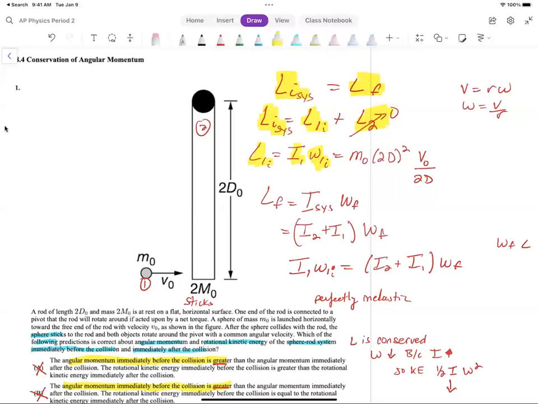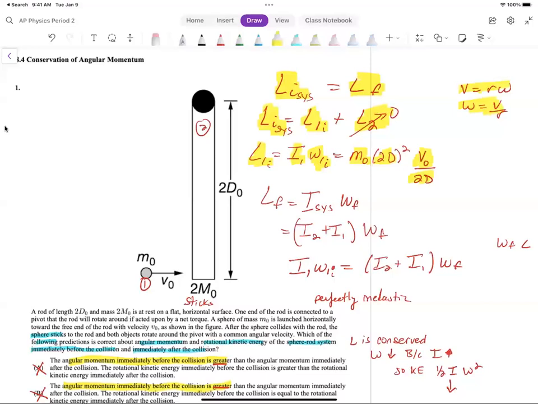The I value of the sphere, we're going to consider it a point particle, so it's m naught, the mass, times its distance away from the axis of rotation squared, times its angular velocity, which I'm going to determine using the bridge equation based on the item I know, which is this linear velocity.